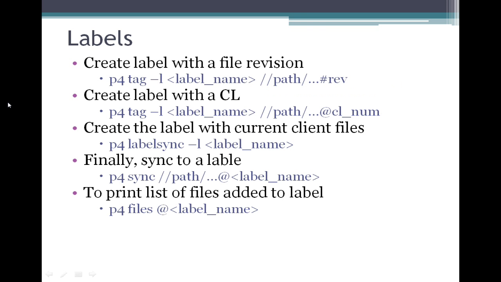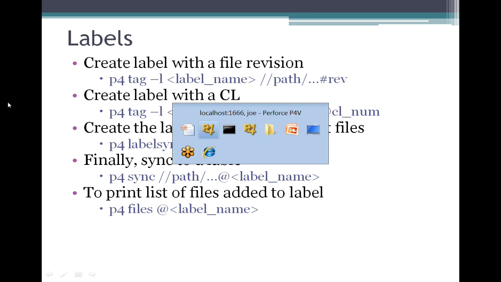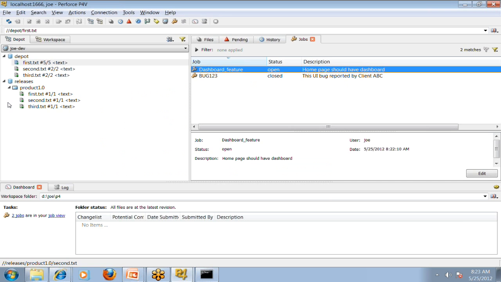And the label is similar to the job, but a label is just like a tag. Tag meaning, today we have release 1.0, and now I want to create a tag here.